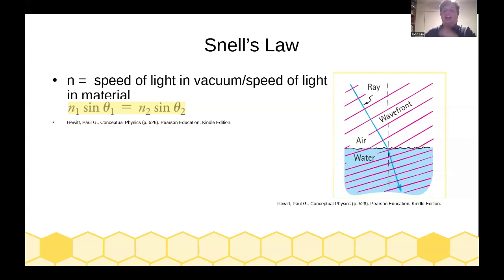I personally had never seen use of the principle of least time beforehand.